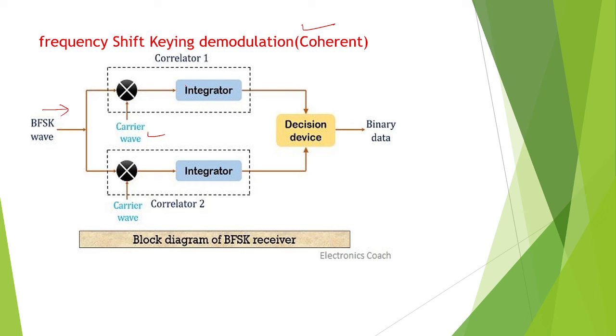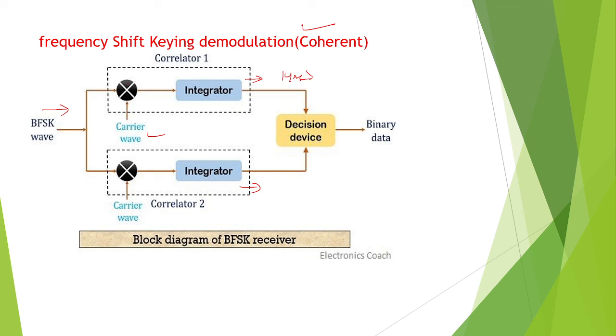After demodulation of the binary FSK signal, each branch will generate some amplitude. Just assume integrator 1 has more voltage compared to integrator 2.